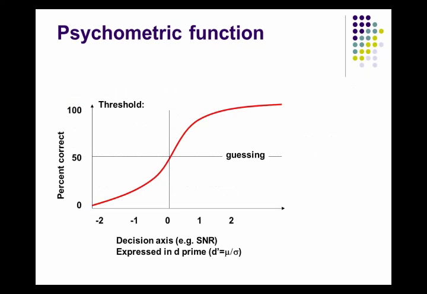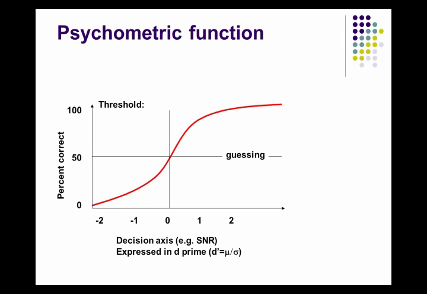What about this psychometric function now? That's what I said. It relates our subjective perception with our objective measure. What we put in on our decision axis, we can put as an SNR, which we express in DPrime. So if we have a DPrime of 0, you can only guess.